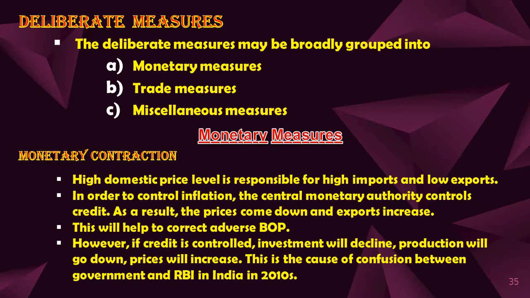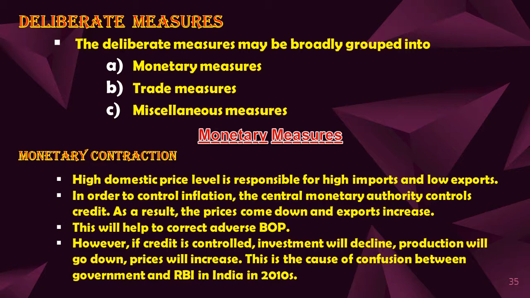Monetary contraction. High domestic price level is responsible for high imports and low exports. In order to control inflation, what do you mean by inflation? Rise in prices.